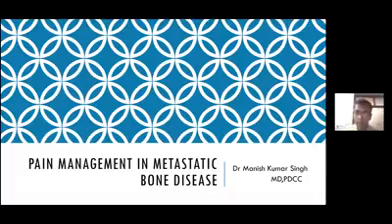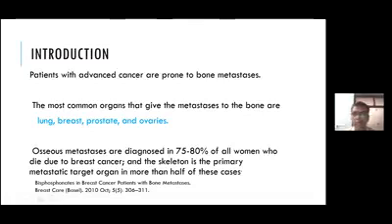As you all know, we often get patients in our OPDs with terminal cancers. And in solid cancers, they come to our clinic with some mets in them, because patients with advanced solid cancers are prone to bone metastasis.